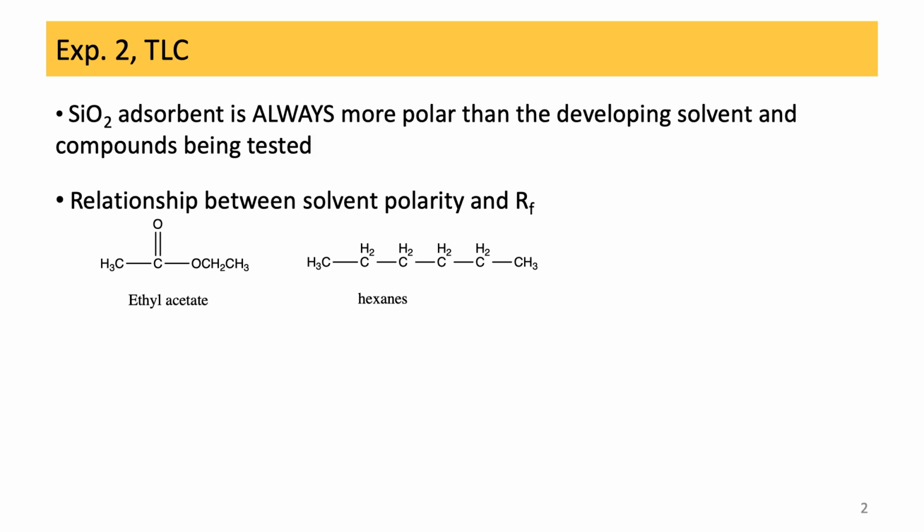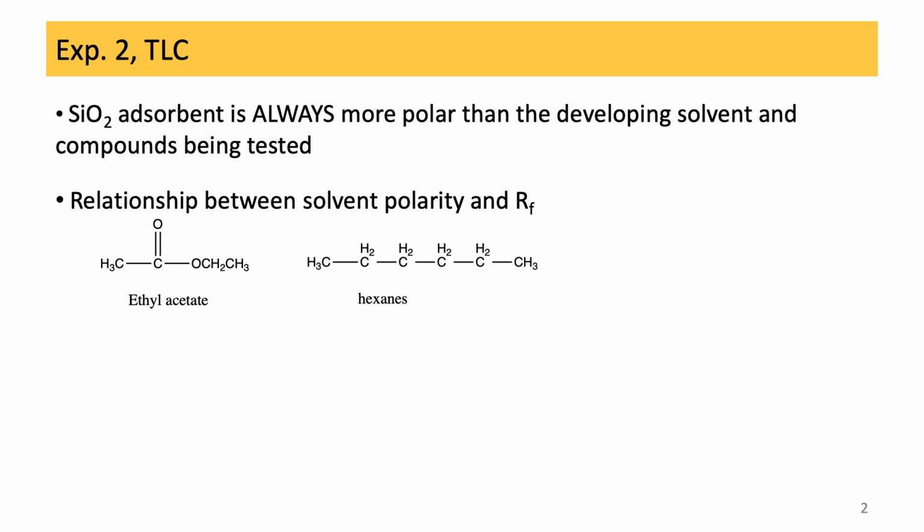So, messing with the developing solvent means looking at what our developing solvent is and recognizing that ethyl acetate and hexanes are really wildly different in terms of polarity.